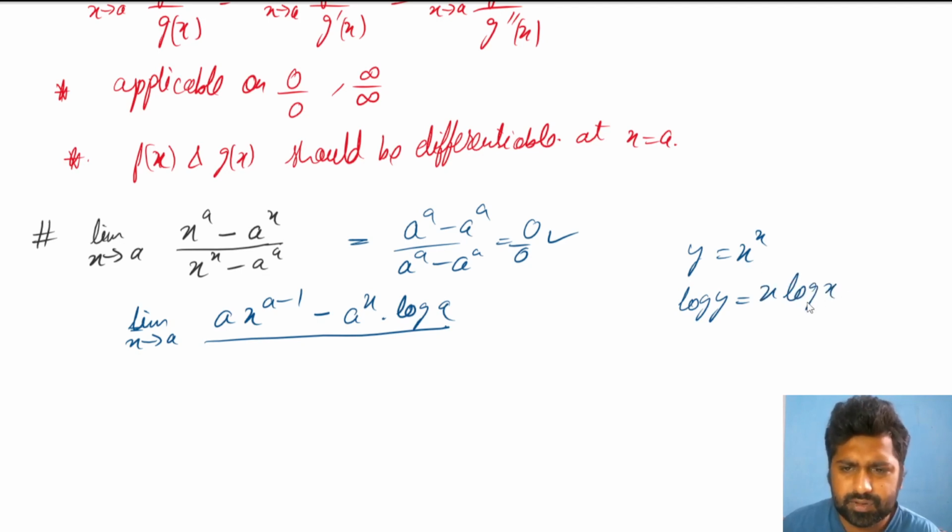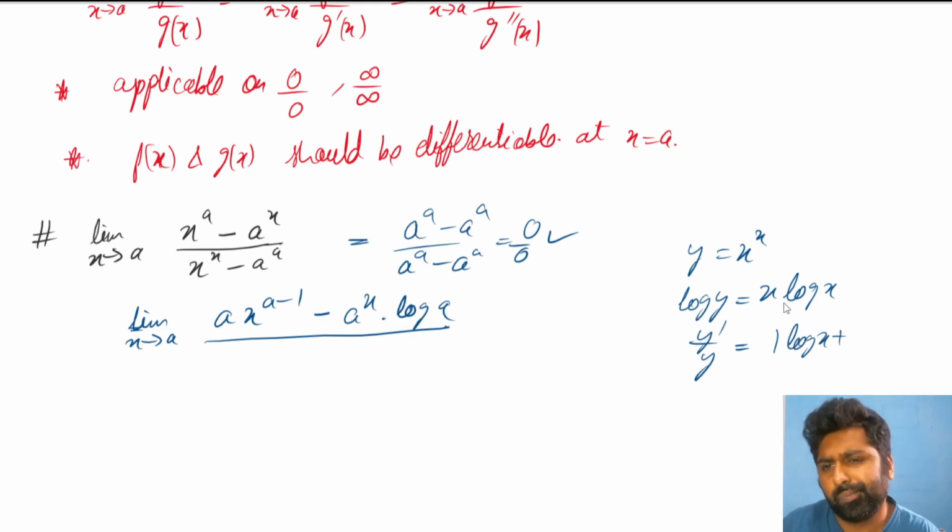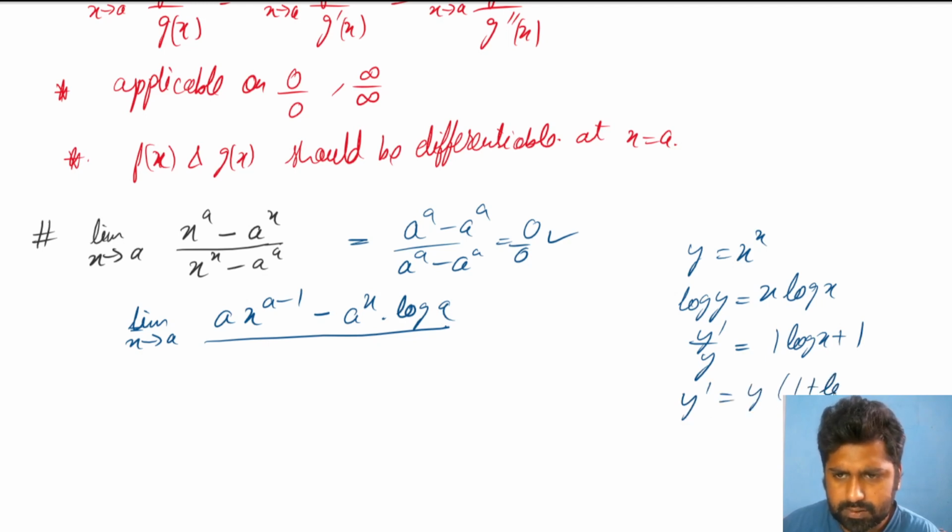This is a logarithmic derivative, so you'll have to solve that separately. y dash by y is 1 times log x plus 1. So y dash is y times (1 plus log x). So that is x raised to power x times (1 plus log x).